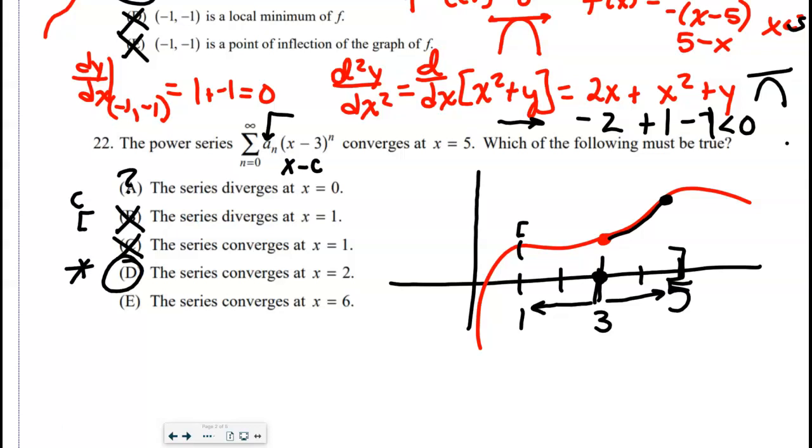Definitely, because 2 is in the radius of convergence. So I know that this is matching right up to and possibly including this. You can stray the radius of convergence from the center, which at a minimum would have been 2. It could have been more.